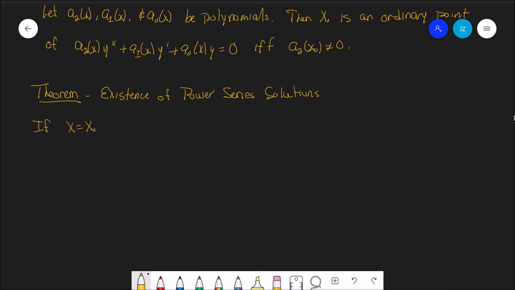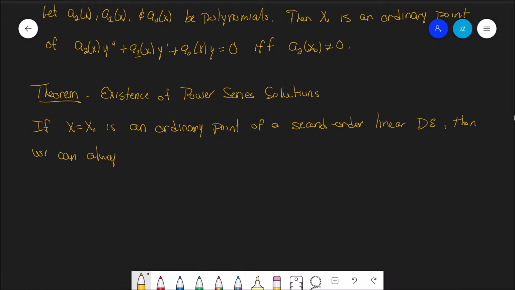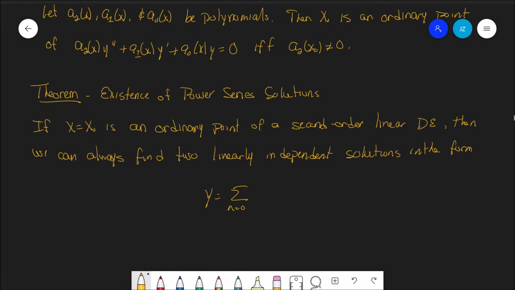So if x equals x naught is an ordinary point of a differential equation, specifically a second order linear differential equation, then we can always find two linearly independent solutions in the form y equals the infinite sum c sub n x minus x naught to the n.